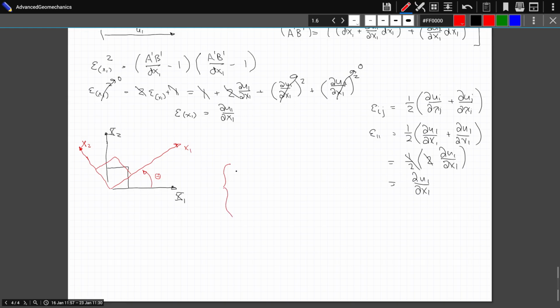So if we write down the matrix equation, little x1, little x2, little x3, in terms of cosine theta, minus sine theta, 0, sine theta, cosine theta, 0, 0, 0, 1, and all this is multiplied by big X1, X2, X3.